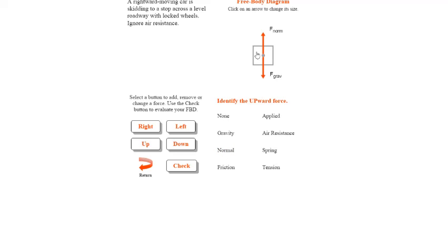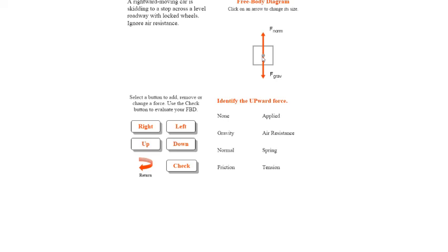Sure enough, the roadway, by virtue of the car resting on it, gets squished a little bit. If you imagine the atoms of the roadway being like little springs, they get squished, but springs only squish so much before they're compressed to the point where they push back with a force equal to the weight that's pushing on them. So the road exerts an upward normal force that is equal to the weight of the car.